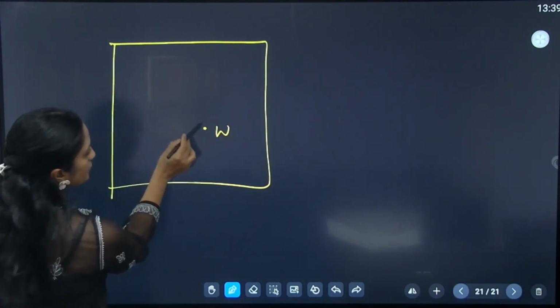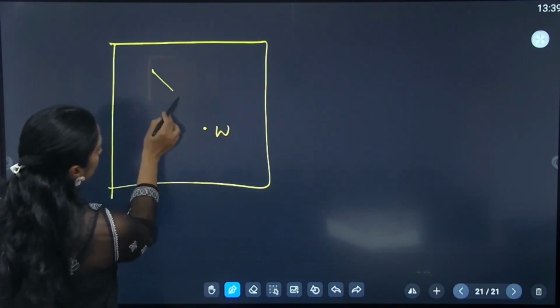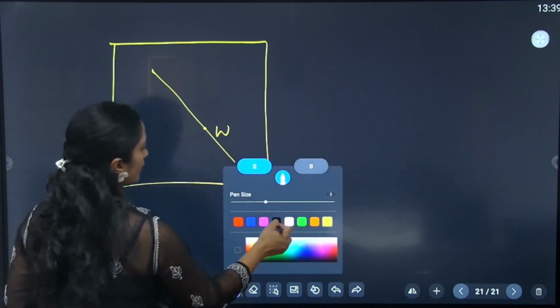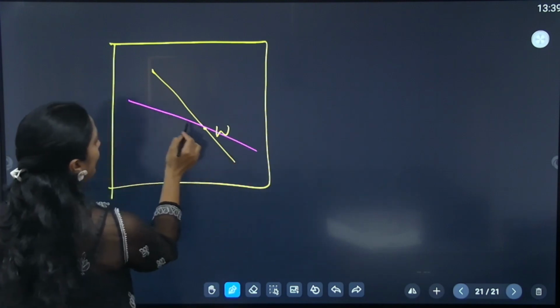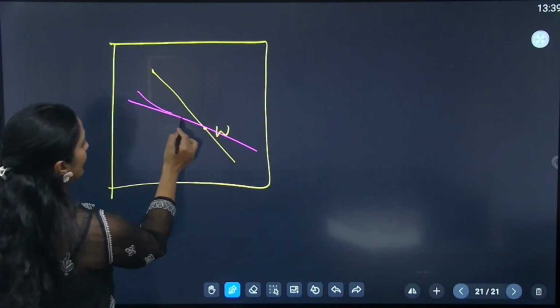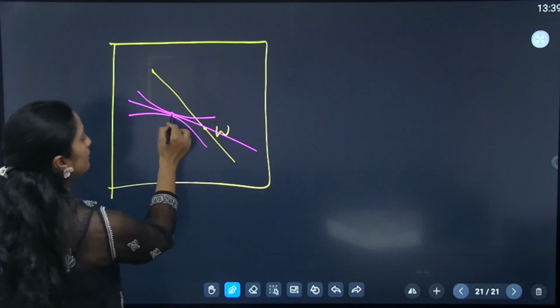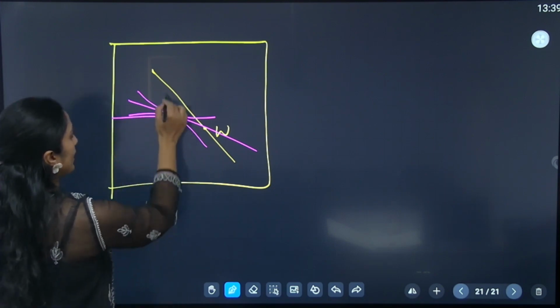Earlier, if this was your line, something like this, okay? So now it will become flatter. It will become something like this, and at this point, your ICs will converge because they will both choose the same point, right? And this will become a feasible allocation.